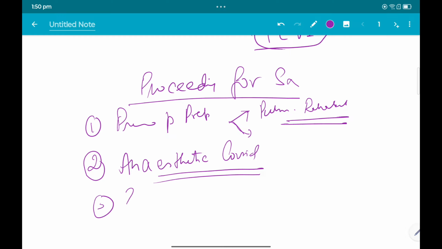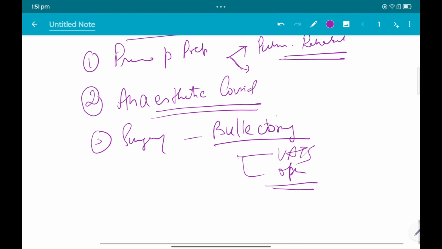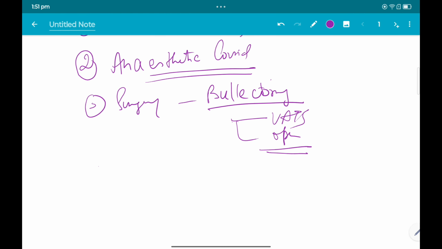The final surgery, what is the surgery? Surgery is bullectomy or non-anatomic wedge resection of the lung, which can be done via VATS or open. And what are the other alternatives to surgery?